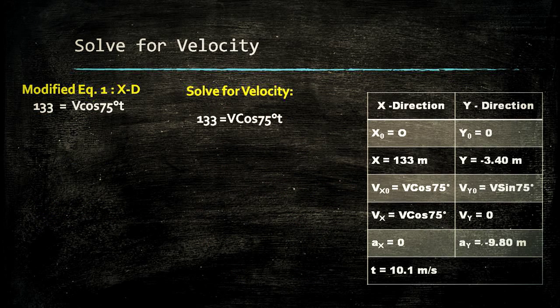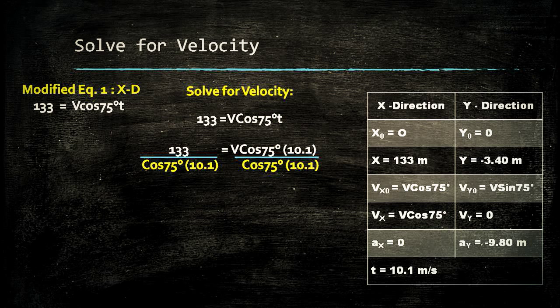We will substitute time in our modified equation for velocity in the x direction, which gives us 133 meters equals v cosine 75 degrees times 10.1 seconds. To isolate velocity, we will divide each side by cosine 75 degrees times 10.1. This gives us velocity equals 133 divided by 2.61.